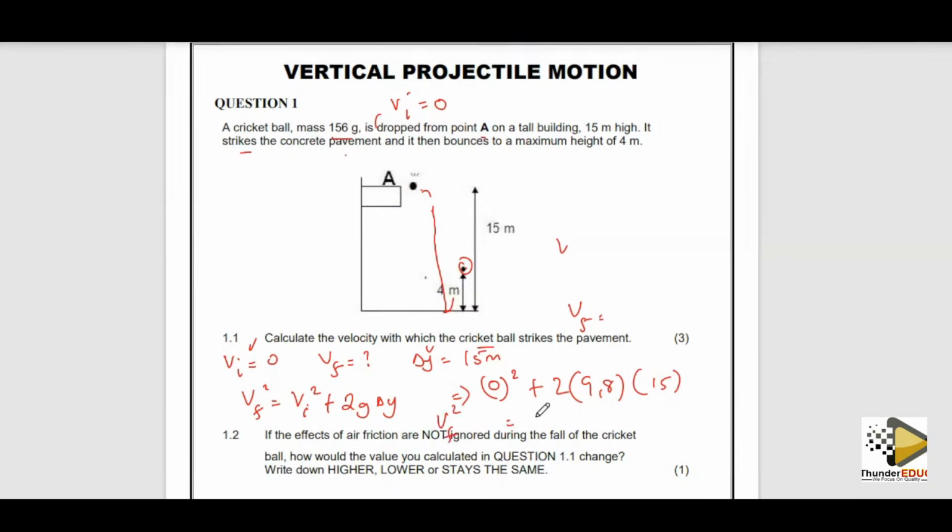So vf squared is 294, and then I need to find the square root. The square root of my answer gives me 17,15 meters per second. That is question number 1.